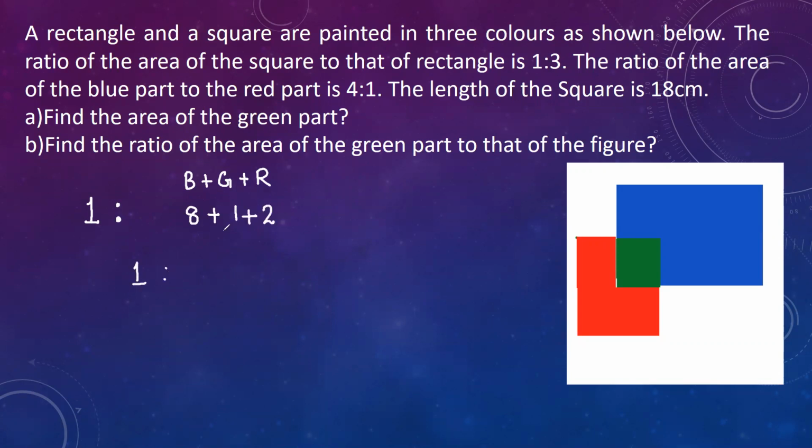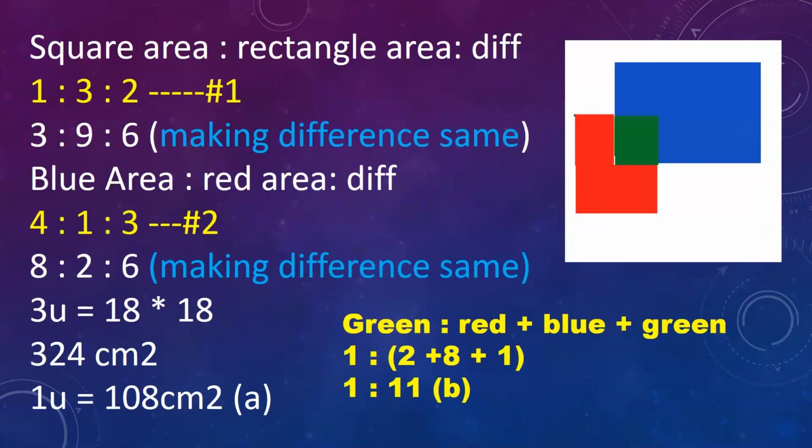So 1 is to 8, 9, 10, 11. So this will be the answer, 1 is to 11. Right? So this is how you can crack any difficult geometry question using the difference constant method. Take the screenshot here. Let's go to the next question.